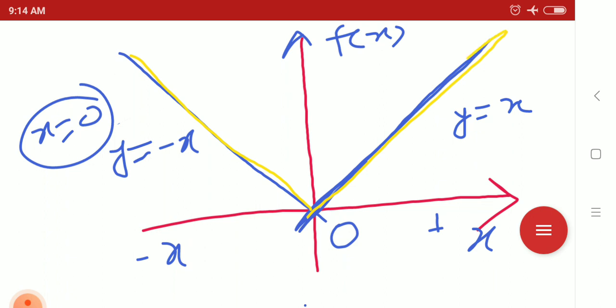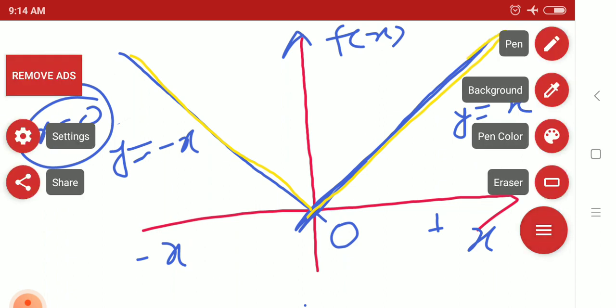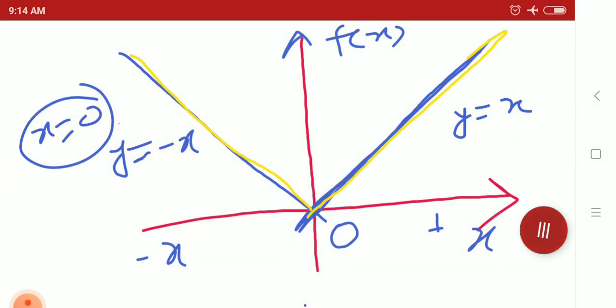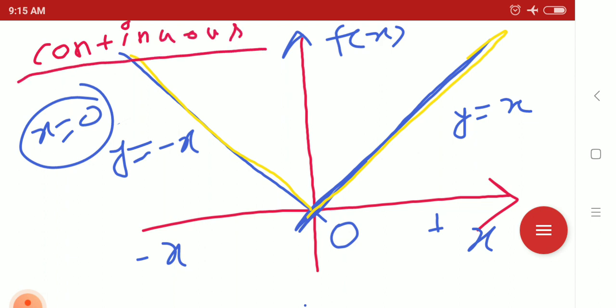Continuous at x equals 0 means it may or may not be differentiable.